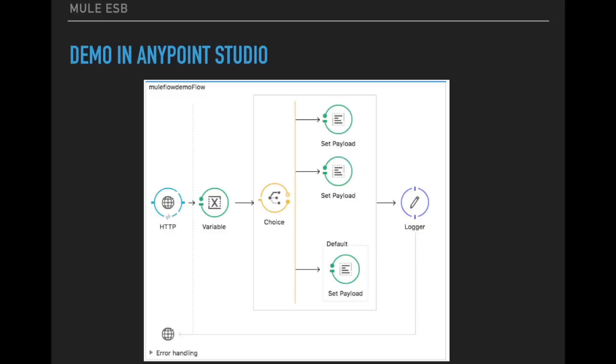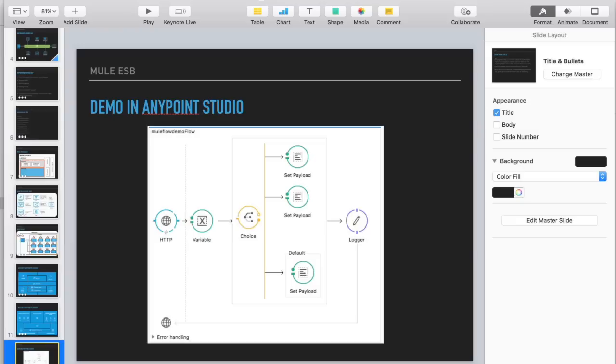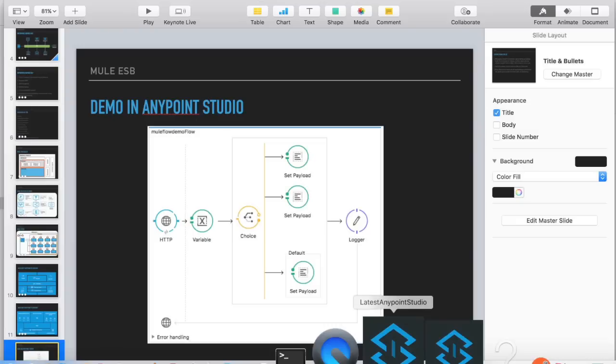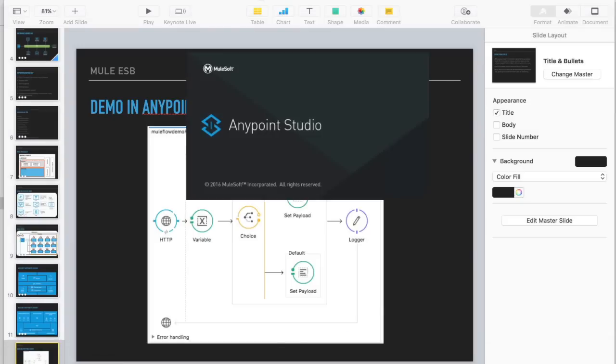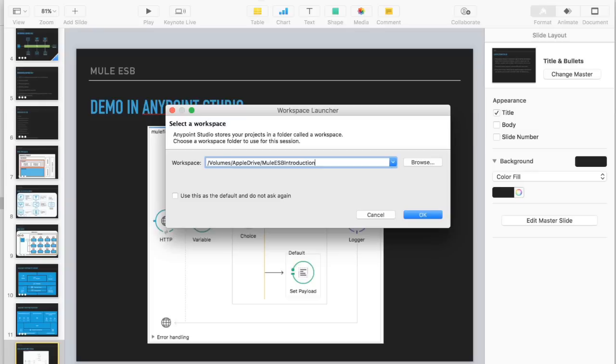So just to give an overview of how Anypoint Studio works and what is available in Anypoint Studio, let's get going and let's create something. When you go to Anypoint Studio, you just open your studio and you have to choose any workspace. Anypoint Studio is basically developed on top of Eclipse.